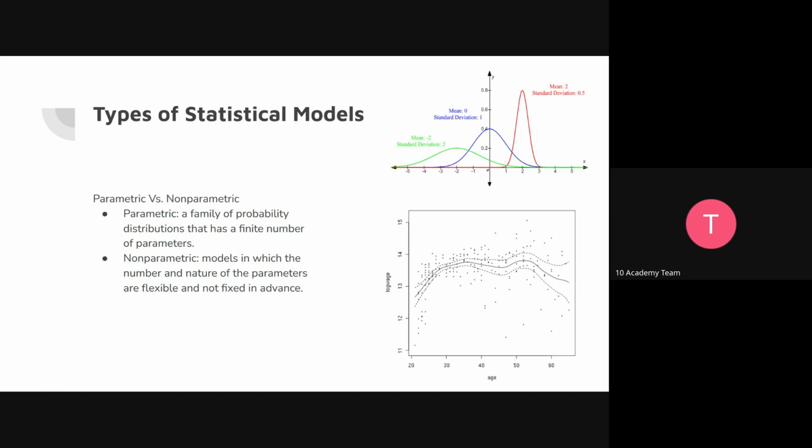Statistical models can be of two types. There are parametric statistical models: when I use a statistical model to model the heights with a normal distribution, I can define this normal distribution with two parameters, the mean and the standard deviation. So these are a finite number of parameters I can use to determine the distribution.